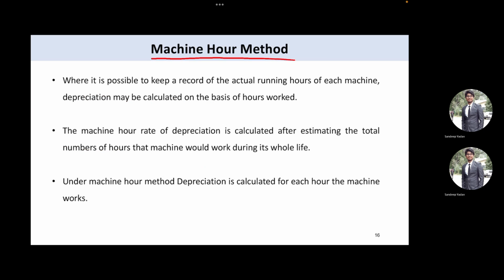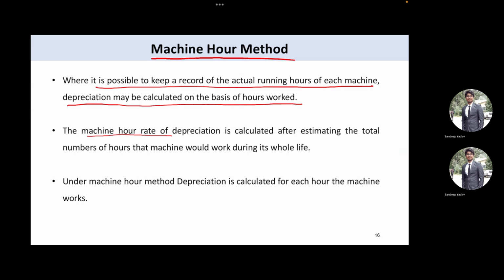Now let's move on to the next method, that is the machine hour method. In this method, where it is possible to keep a record of actual running hours of each machine, depreciation may be calculated on the basis of hours worked.